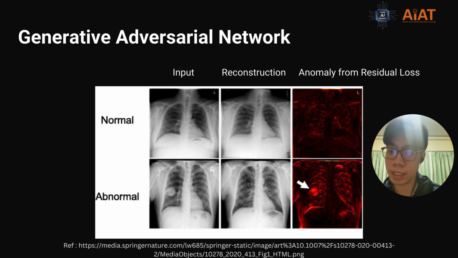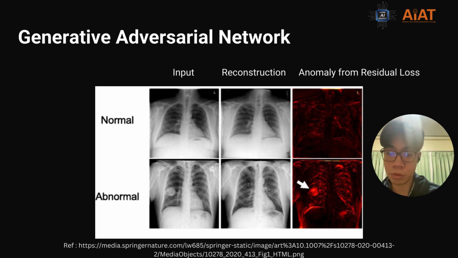But in the abnormal lungs case, you can see that the reconstructed image from the system doesn't contain the tumor areas. That's because we only trained the model with normal samples, which means our system doesn't know how to generate a tumor. So it generates a healthy version of the patient's lung instead. And after subtracting both images, the anomalous part is highlighted and localized. That's when our job is done.